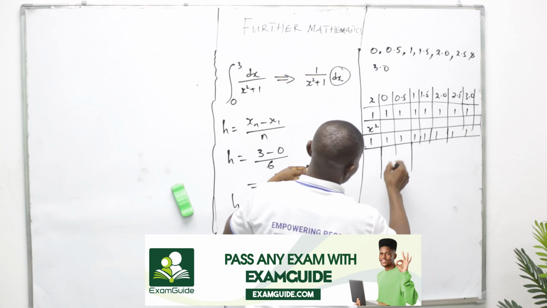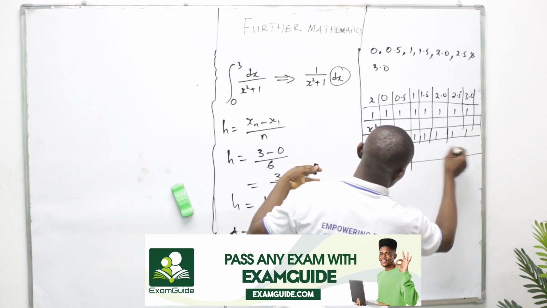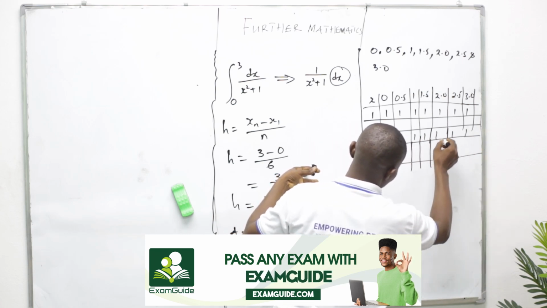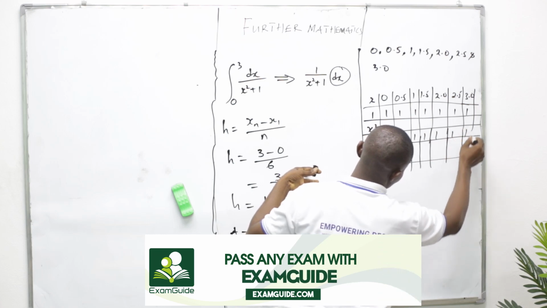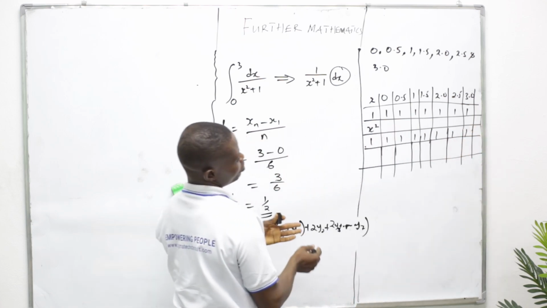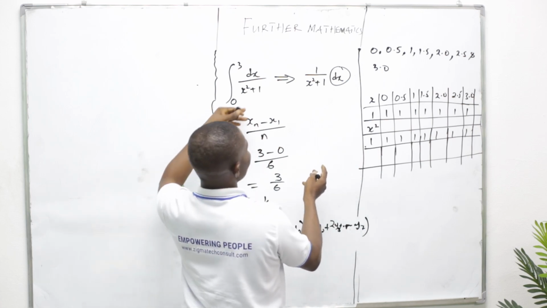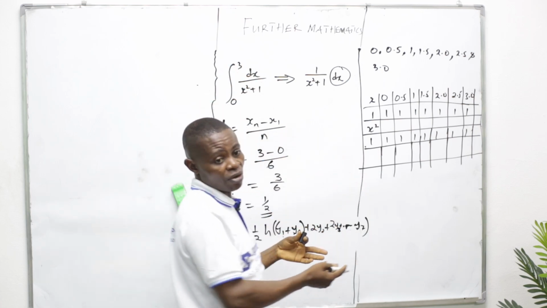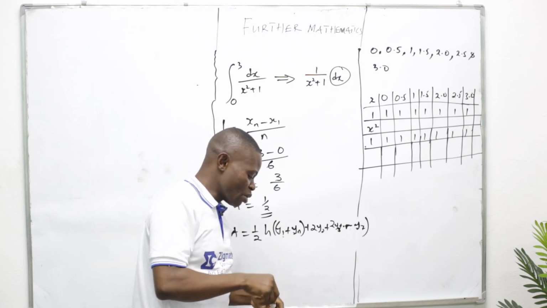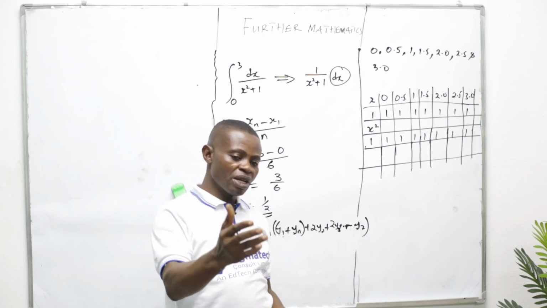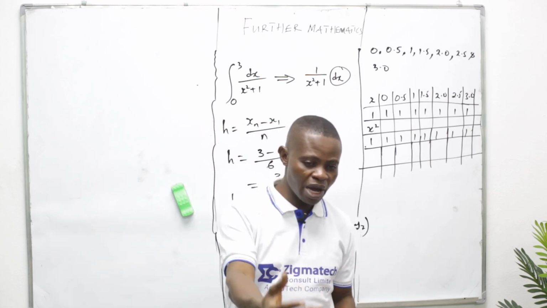Then the main one itself, which is the value of y, we'll have to create a column for y. Like we normally do, we can call the whole of this place any letter of your choice, but make them know your mind, because examiners don't have time to read your mind.